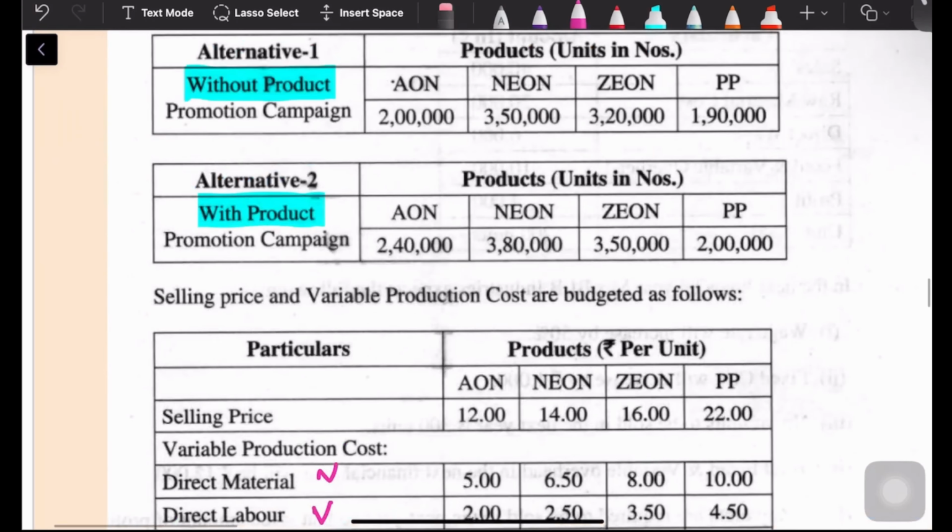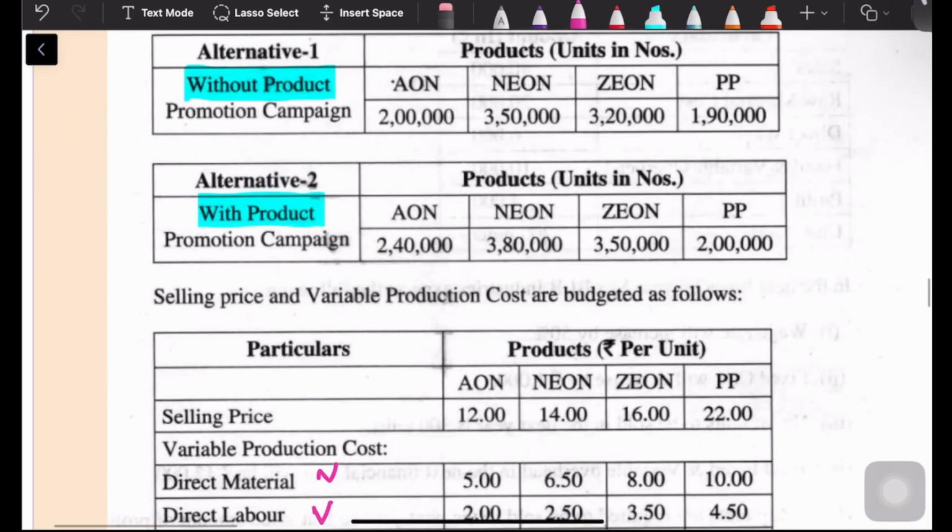Then similarly for neon, 14 is the sales price and 6.5, 2.5, 0.72. Total is 9 plus 0.72, 9.72.